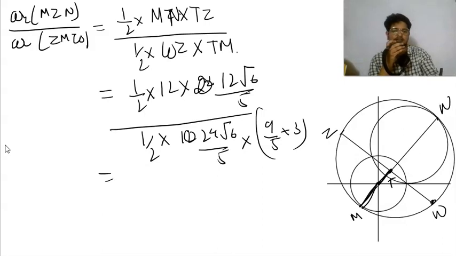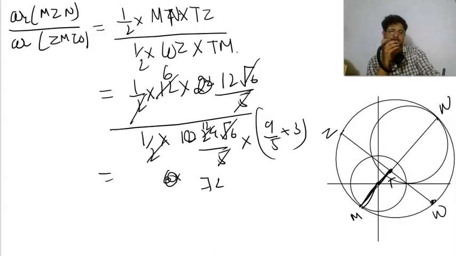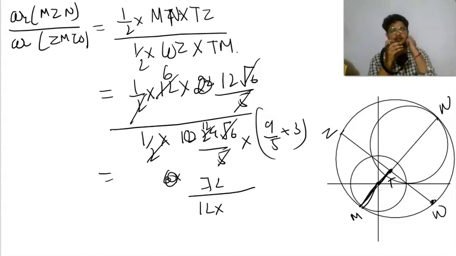If I solve this, 2 cancels 12 to give 6, root 6 cancels root 6, 5 cancels 5, 2 cancels 24, so it gives 12. 12 sixes are 72, divided by 12 into 5 threes are 15, 15 plus 9 is 24, so 24 into 5.